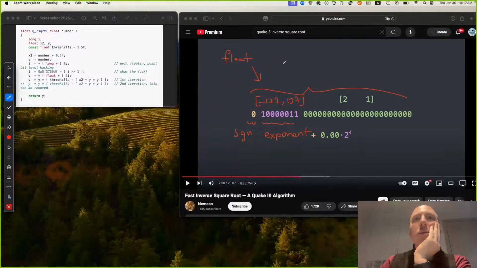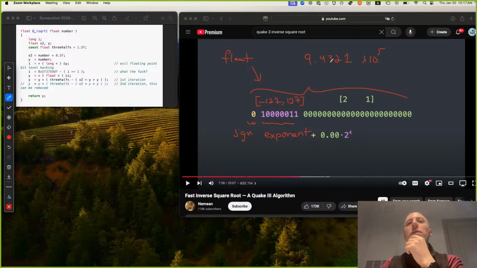I think I did this before, but in decimal notation, you could have something like 9.4321 times 10 to the 5th. It's like going back to the previous slide where we asked what scientific notation is. It's taking all the non-zero numbers and writing them out, so all your digits are 0 to 9.